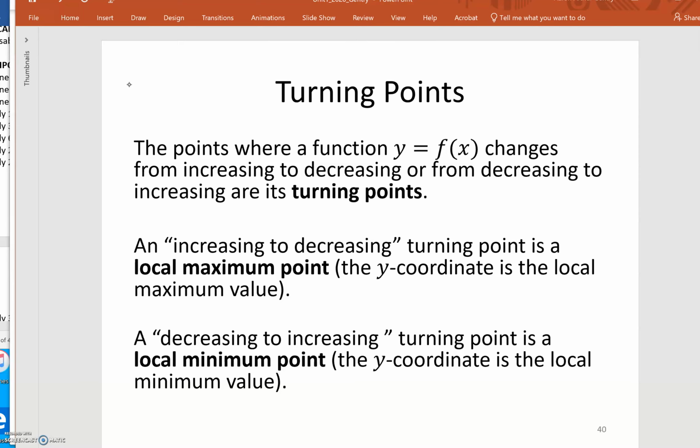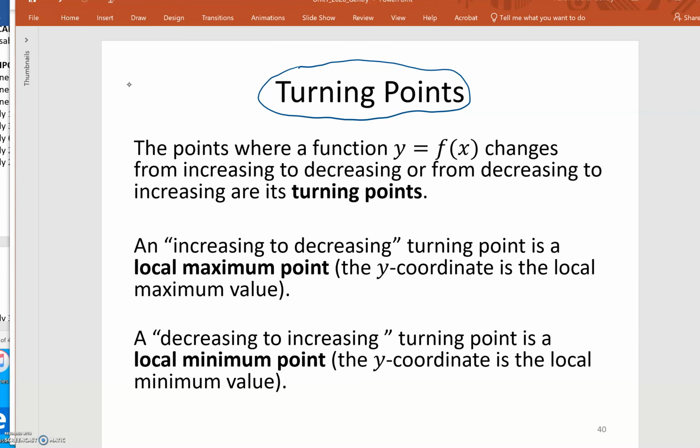A natural thing to consider when you open the subject of increasing, decreasing, and constant functions is the related subject of turning points. The reason why is because turning points are very intimately connected with increasing, constant, and decreasing functions. So what is a turning point?